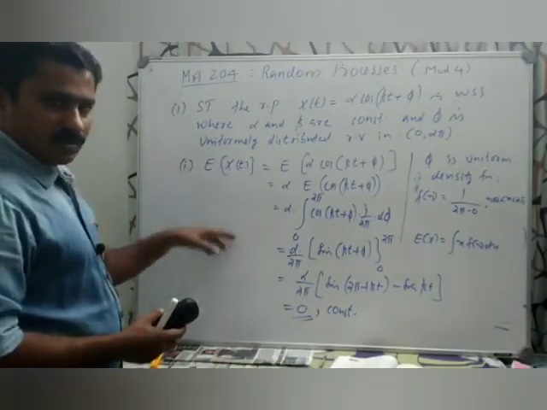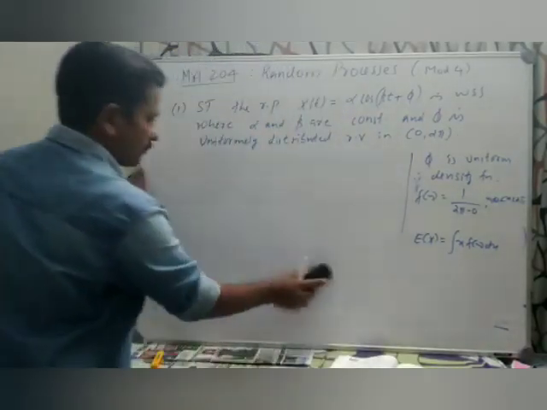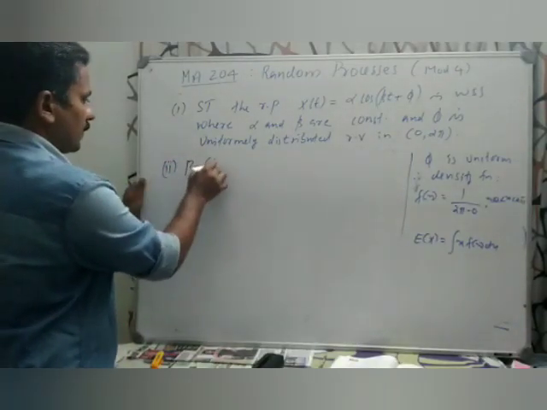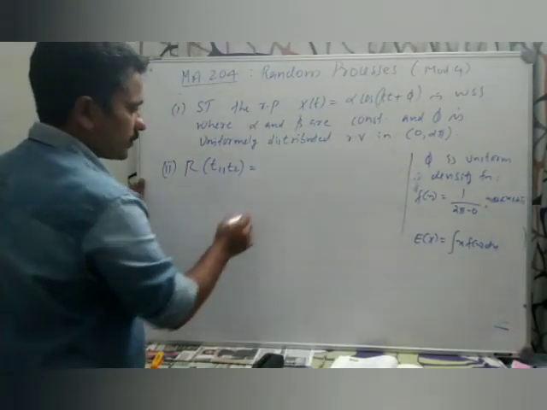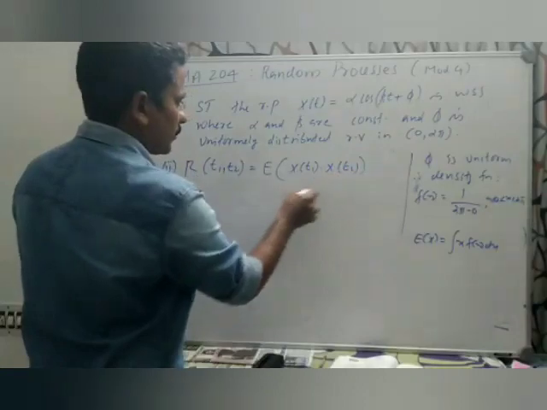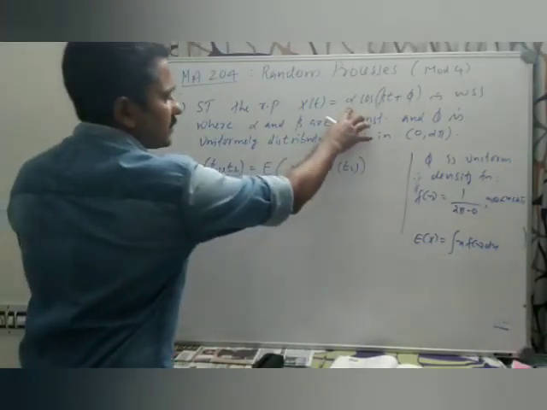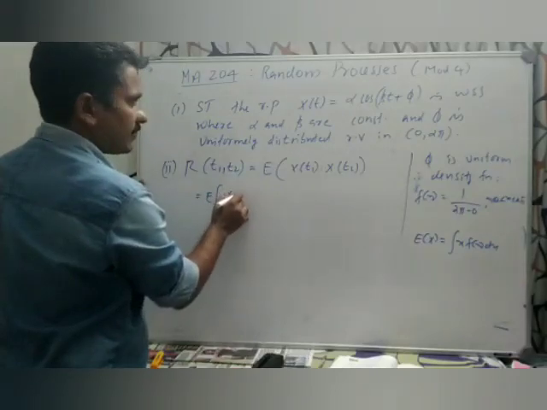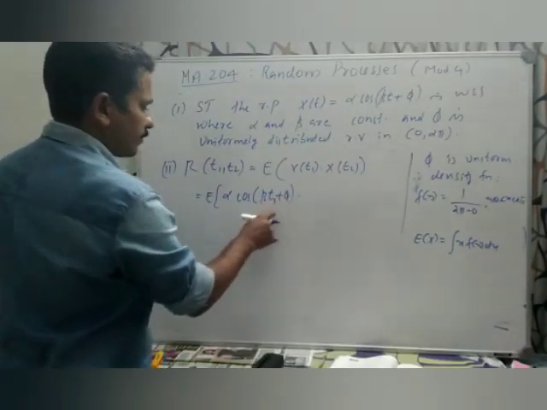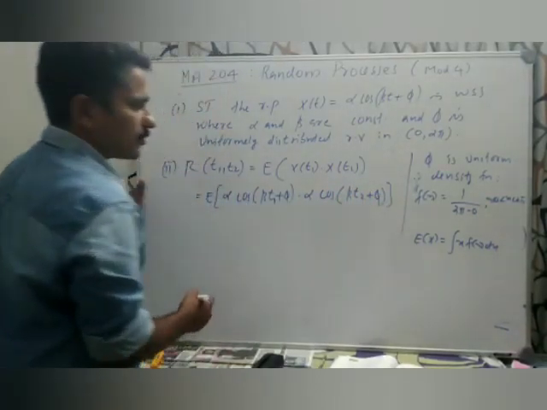That means we need to find the autocorrelation function. Okay, so the autocorrelation function R of t1, t2 is, by its definition, the expectation of x of t1 times x of t2, which is equal to the expectation of, substituting x of t and replacing t by t1, alpha cos of beta t1 plus phi times alpha cos of beta t2 plus phi.